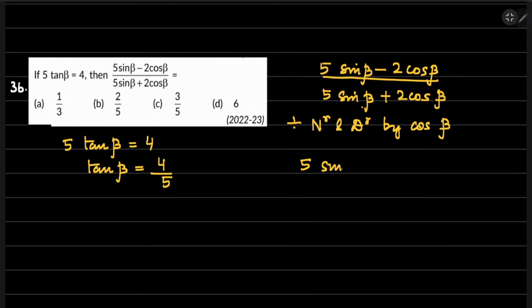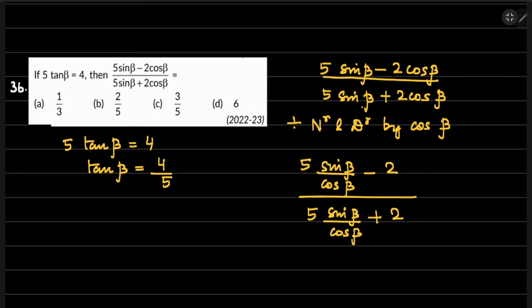5 sin beta by cos beta minus 2, cos by cos will be 1, whole divided by, again, 5 sin beta by cos beta plus 2. Again, cos and cos will get cancelled.